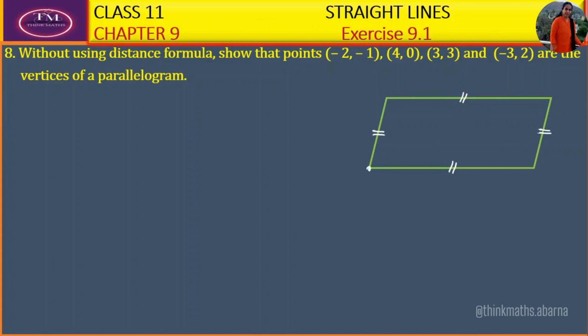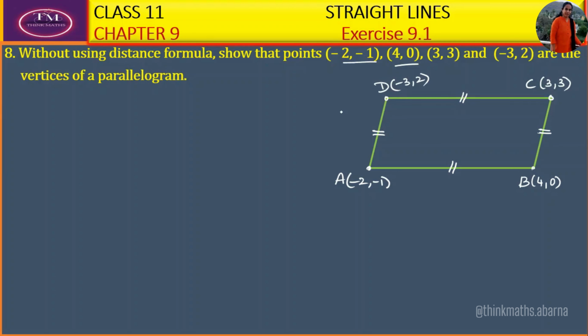So let us name the points. A as (-2, -1), B as (4, 0), C as (3, 3) and D as (-3, 2).